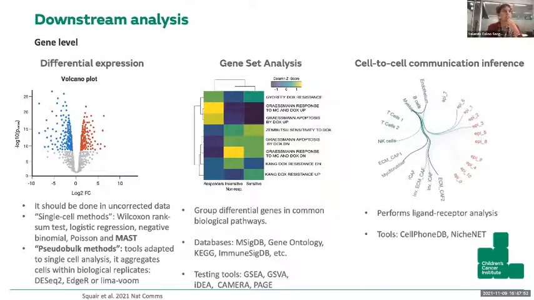And then finally, you can also look at things like cell-to-cell communication inference, where you look at the expression of ligands and receptors in different groups of cells. And if you find a ligand that is highly expressed in a group of cells and a receptor that matches that ligand in another group of cells, you can infer that these two cells might be communicating. And that's what CellPhoneDB does.